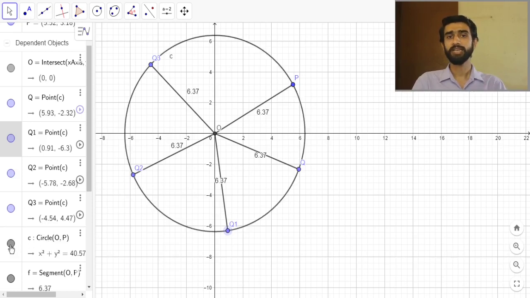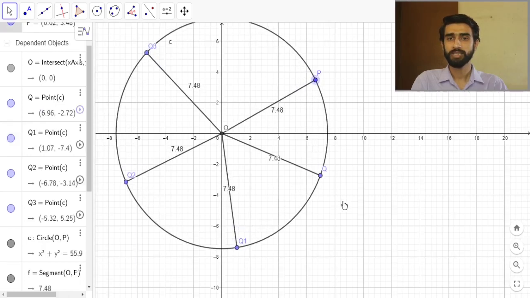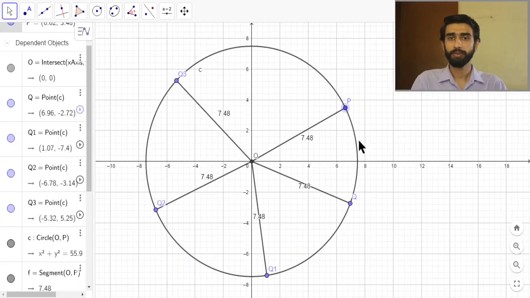You will see that you got a circle, and that circle passes through P, and the origin is O. And if I change P, the distance of all of them changes, because they are an equivalence relation, they are related, so the distance from the origin is the same.